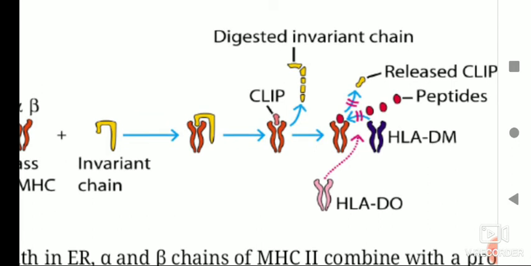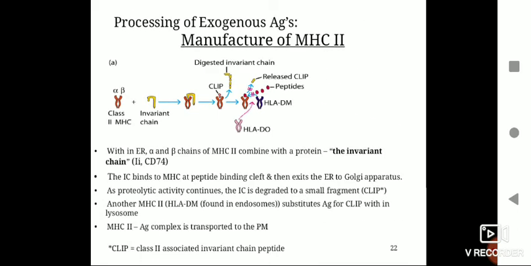You can see at the antigen binding site a small part of the invariant chain is left behind, which is called CLIP. The remaining invariant chain is totally digested. CLIP stands for class 2 associated invariant chain peptide.